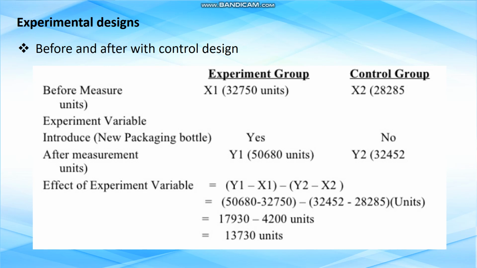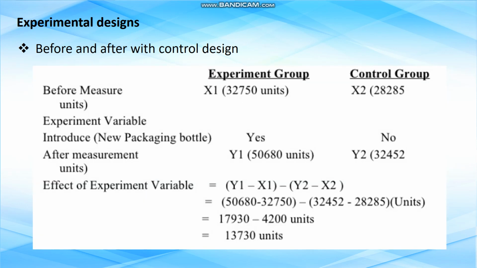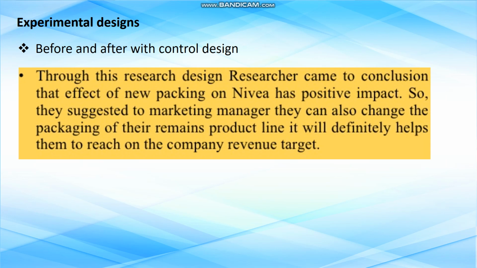But for the control group, you do not change the packaging style. That is why the sales are less than the sales measured in the experiment group. And in the final stage, you can see the effect of the experiment variables.